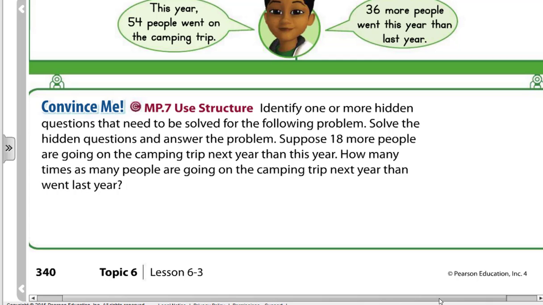Identify one or more heading questions that need to be solved for the following problem. Solve the heading questions and answer the problem. Okay, can you read the question?